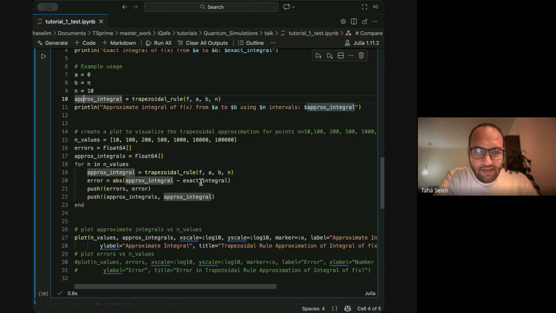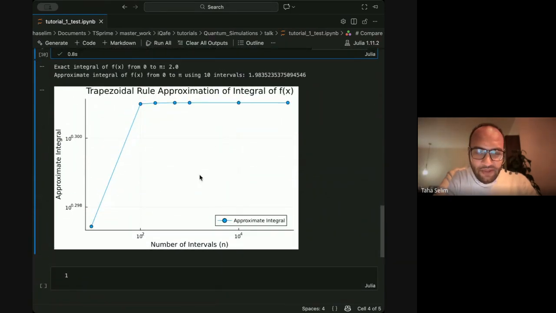So now that's our idea. I use here 10, 100, 200, 500, 1000, 10,000, and even 100K. And from that, we end up with this. I plotted it on a log scale just to show you the difference.